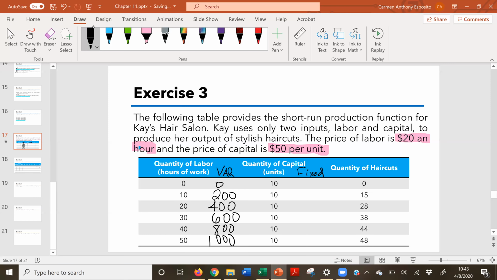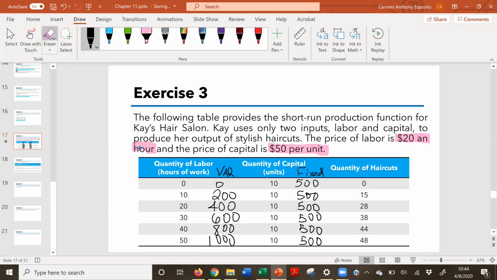Okay? And 10 times 50 is 500. The reason I'm talking about it now is so we don't forget in case it's asked in a sub-problem of this exercise.